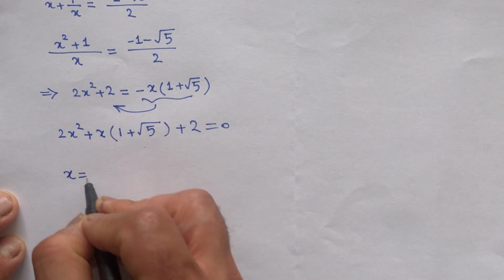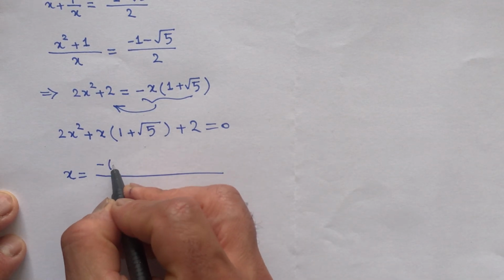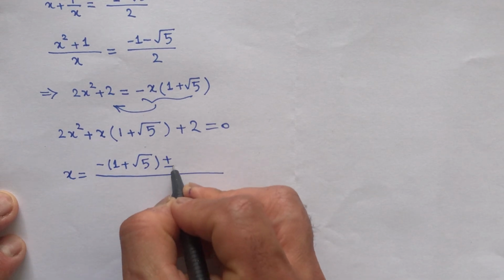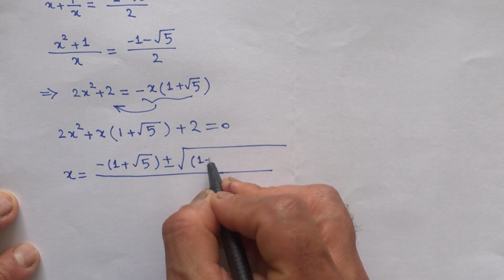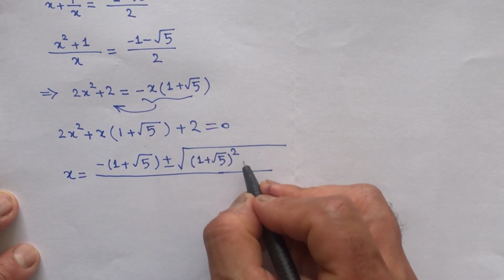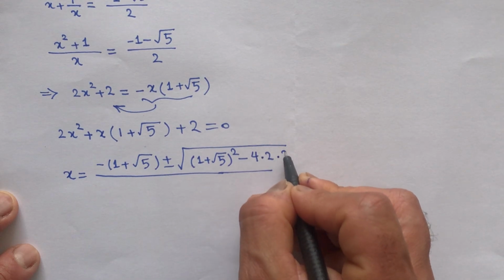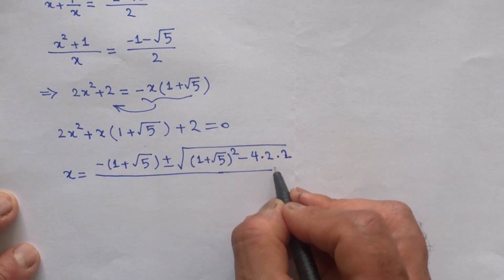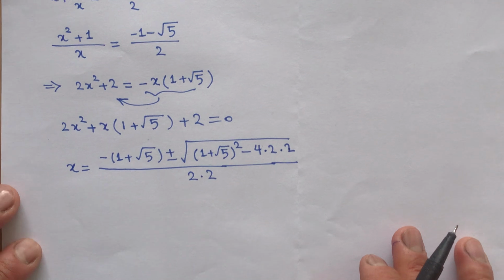X is equal to minus b, minus 1 plus square root of 5, plus minus 1 plus square root of 5 to the power of 2 minus 4 times 2 times 2, over 2 times 2.